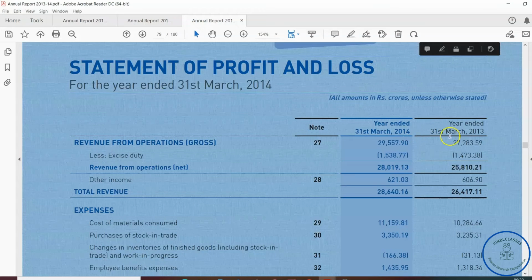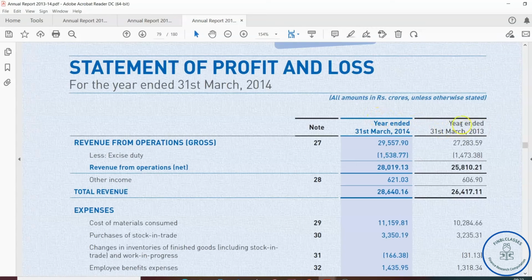Two sets of values are given, because whenever you put the values into Excel, you should start from 2013, 14, 15, 16. Ensure that you copy the values from the right hand side first, then from the left hand side, so that the confusion should not be there.